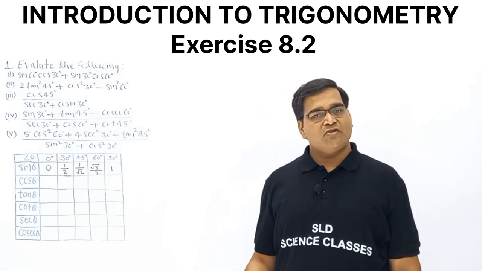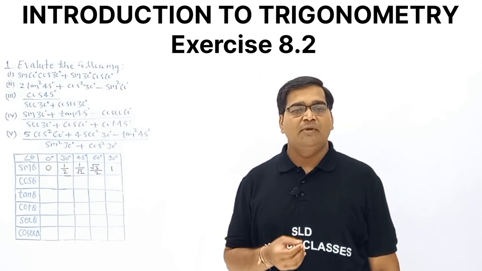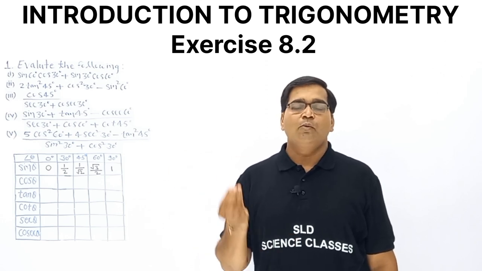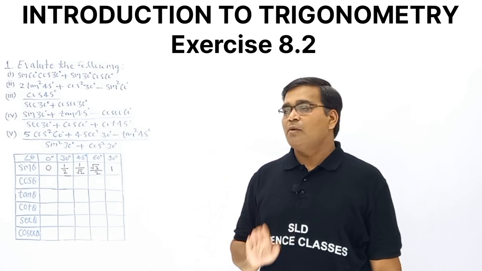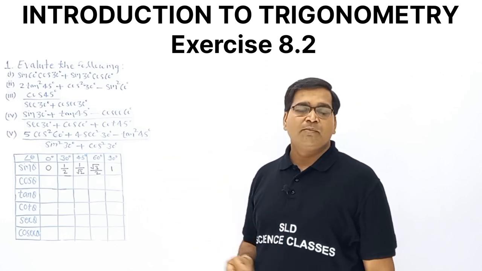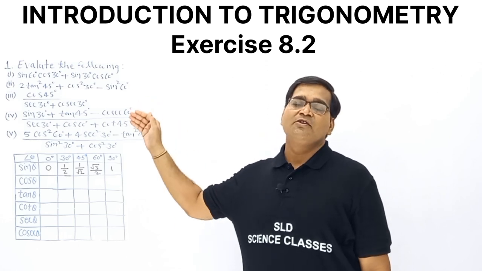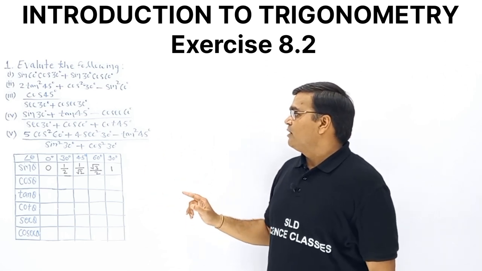We already studied the ratios for 45 degree, 0 and 90 degree, and 30 and 60 degree, and how to memorize these values at specific angles. So observe this table.